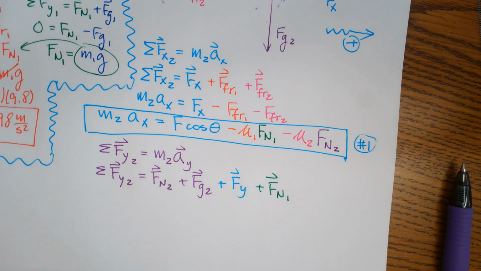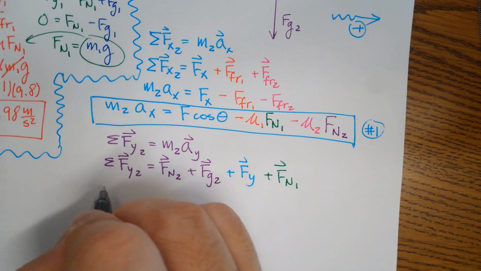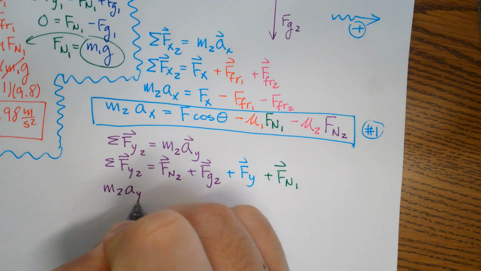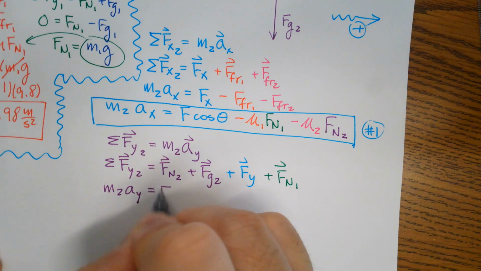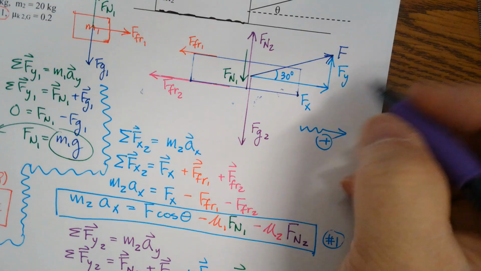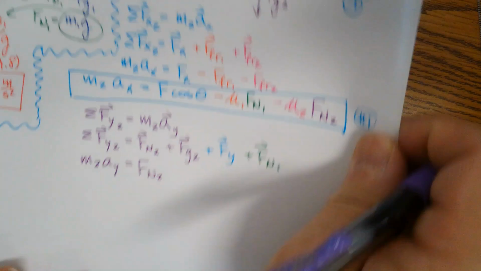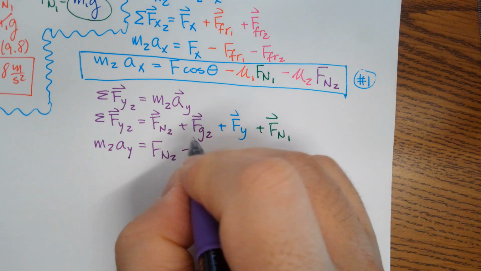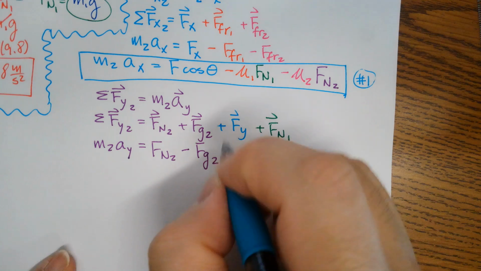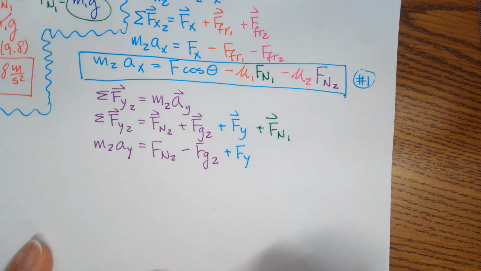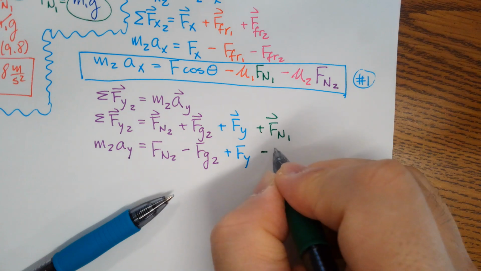Now, let's set them equal to each other. So here, I have M2AY is equal to F normal 2. That looks like positive, right? Because I'm going to consider the up direction positive. That makes my FG2 negative, right? That makes my Fy positive, and my F normal 1 negative.